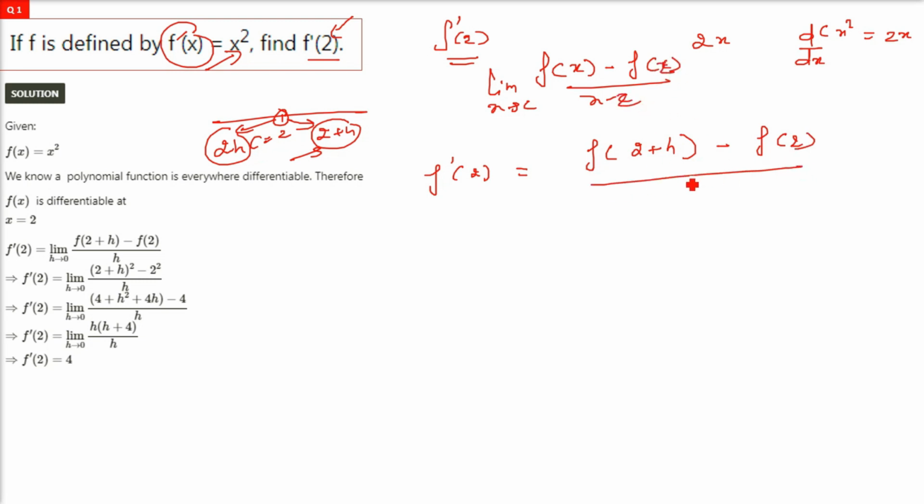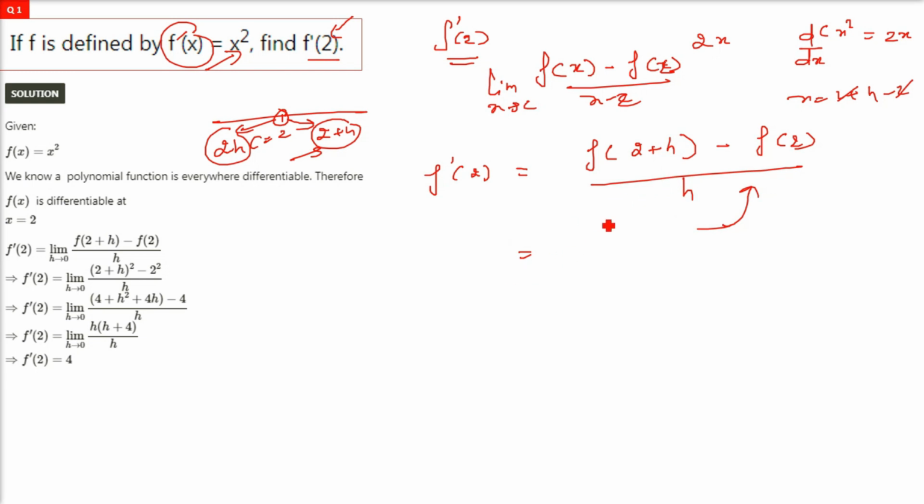So I am using the first principle directly. So it will be f(x plus h) minus f(x) divided by h, limit h tends to 0. That is going to be f dash x. If you put 2 plus h also, the same thing is going to come, the right hand limit or left hand limit, the same thing.